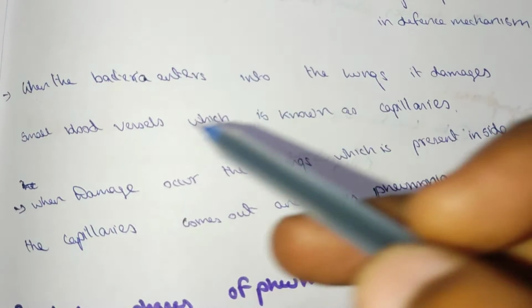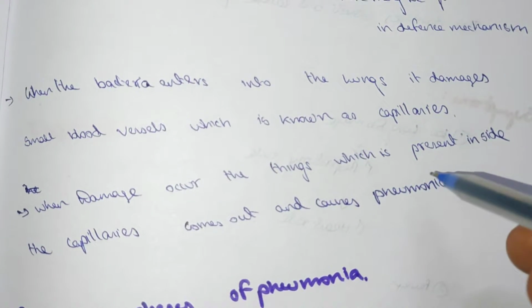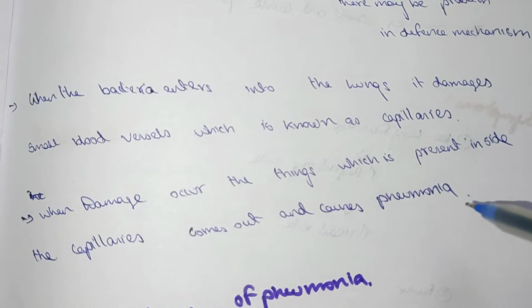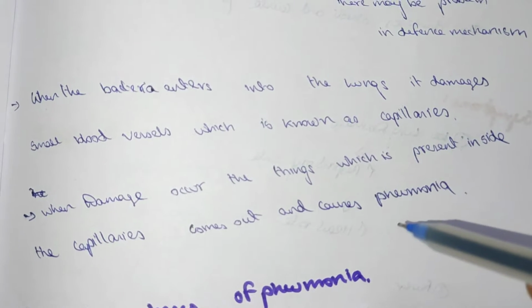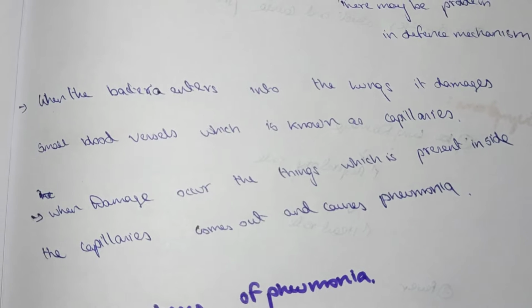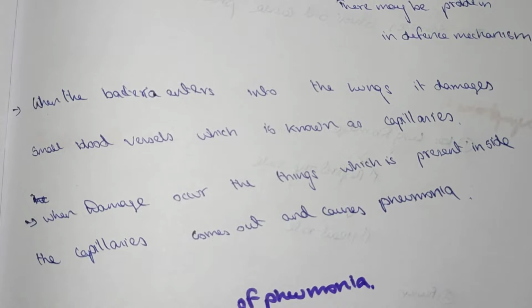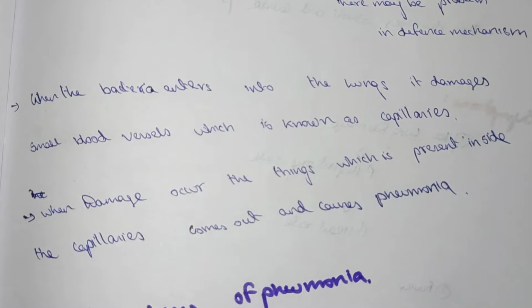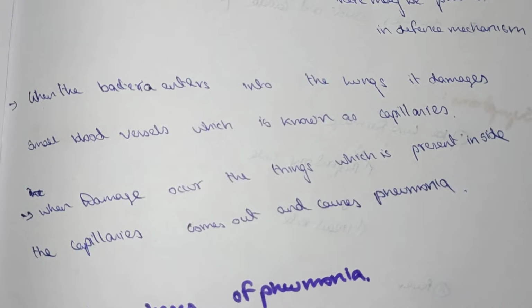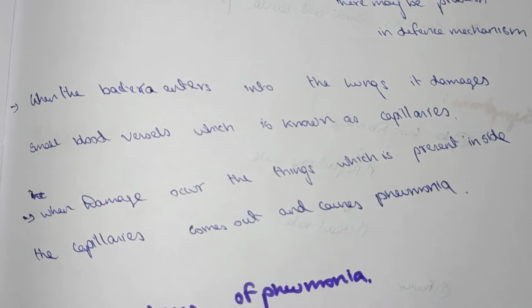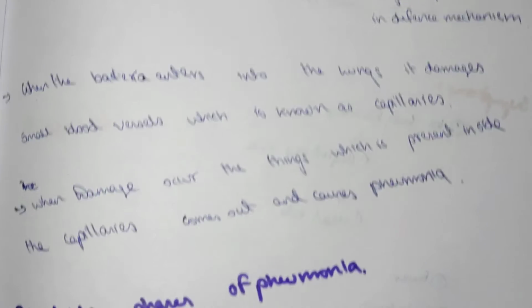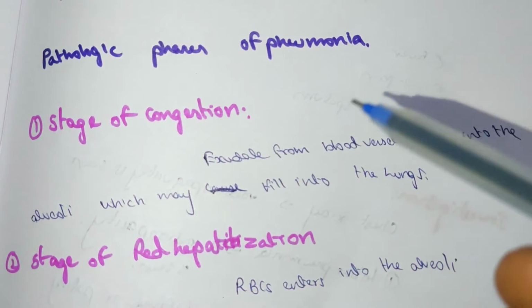So the things present inside the capillaries come out, from the capillaries into the alveoli, and cause pneumonia by four stages, which are known as the pathological phases of pneumonia.